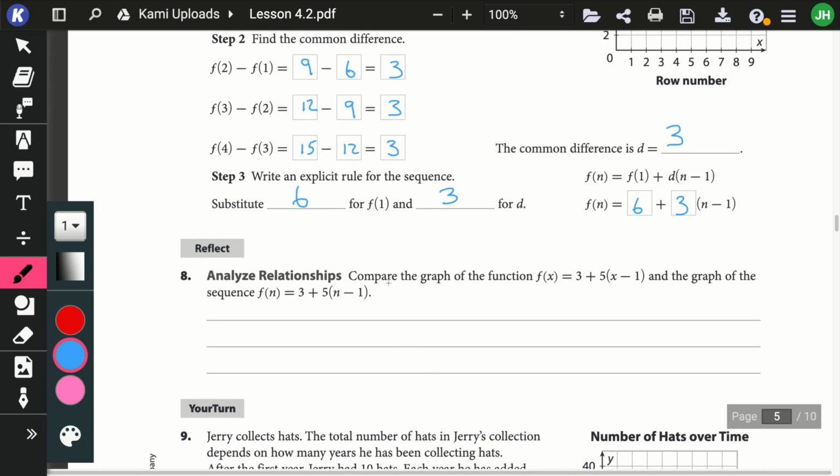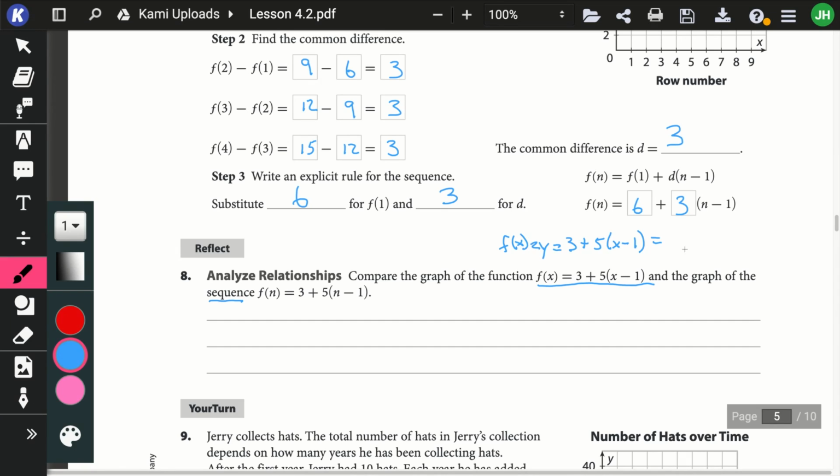Analyze relationships. Compare the graph of the function f of x equals 3 plus 5 times the quantity x minus 1, and the graph of the sequence. So this one is y equals 3 plus 5 times x minus 1, because f of x equals y.